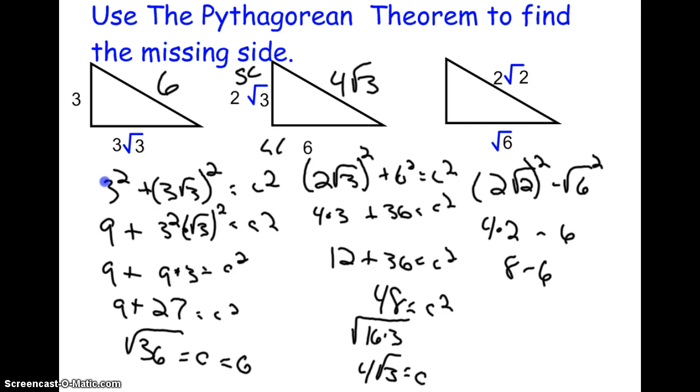So 8 minus 6 is 2. And then x would be the square root of 2. So my answer is right here, just the square root of 2. Well, that looks like you multiply the short leg by 2. That also is your hypotenuse. Let's see what else we can find.